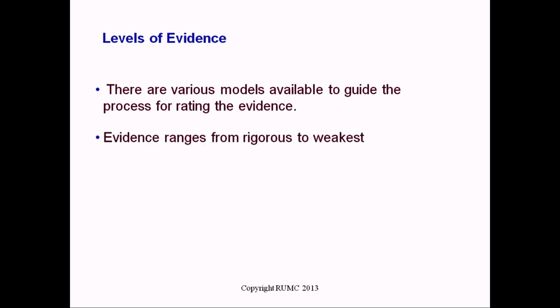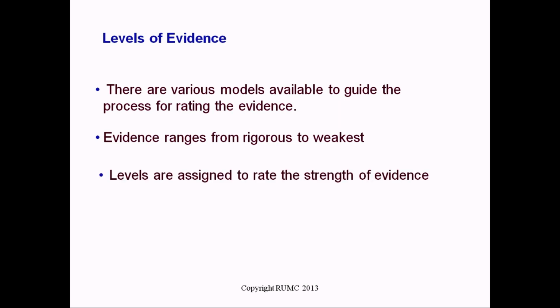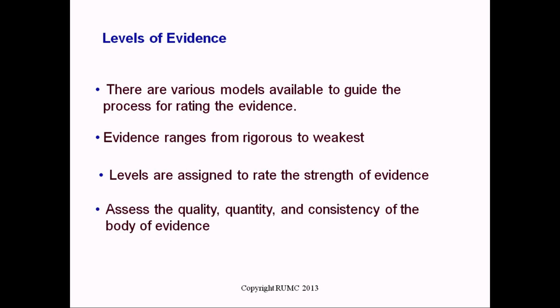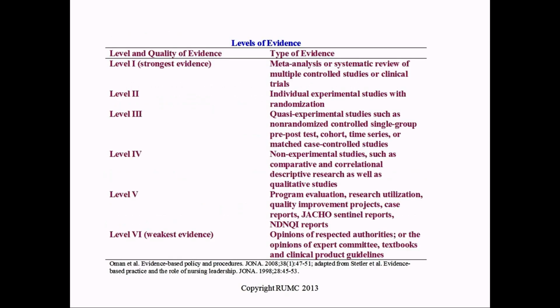Evidence can range from rigorous to weakest, and levels are assigned based on the strength of evidence. Lastly, you also want to consider the quality, quantity, and consistency of the body of evidence.